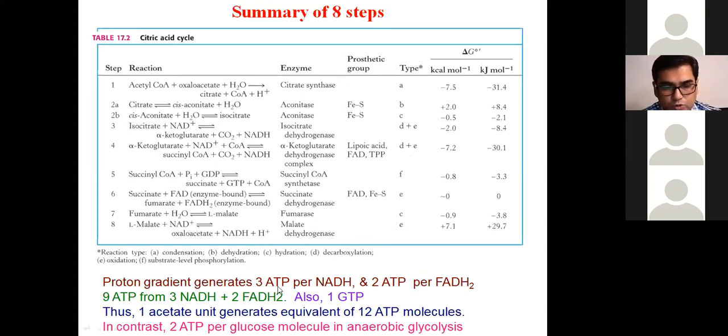One NADH gives you 3 ATP, and one FADH2 gives you how many ATP? It gives 2. So 3 ATPs from each of 3 NADH, 9 ATPs. 2 ATPs from 1 FADH2, so 9 plus 2 is 11. And 1 ATP is coming from GTP, so that makes 12. So that means one acetyl CoA in one round of TCA gives you 12 ATP.